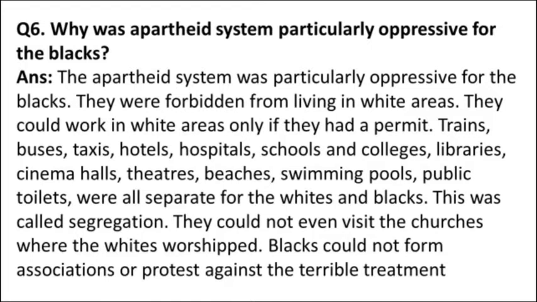Trains, buses, taxis, hotels, hospitals, schools and colleges, libraries, cinema halls, theatres, beaches, swimming pools, public toilets were all separate for the whites and blacks. This was called segregation. They could not even visit the churches where the whites worshipped. Blacks could not form associations or protest against the terrible treatment.